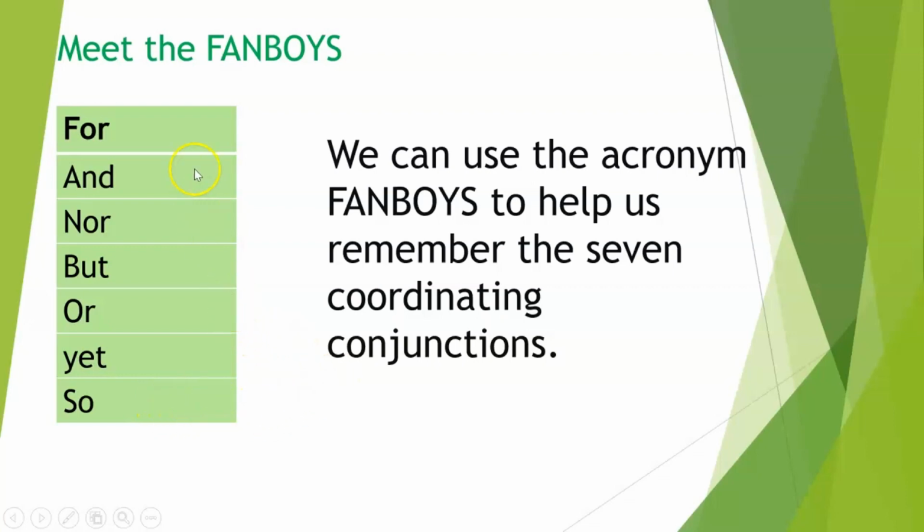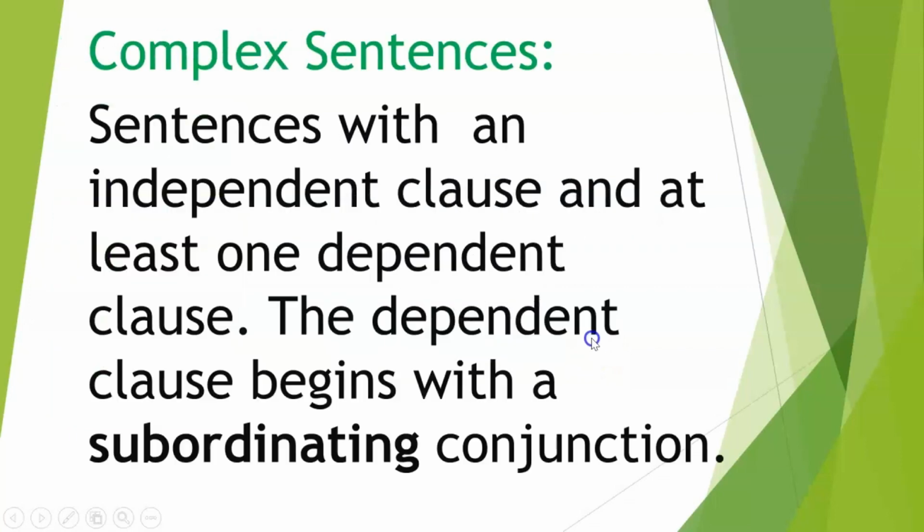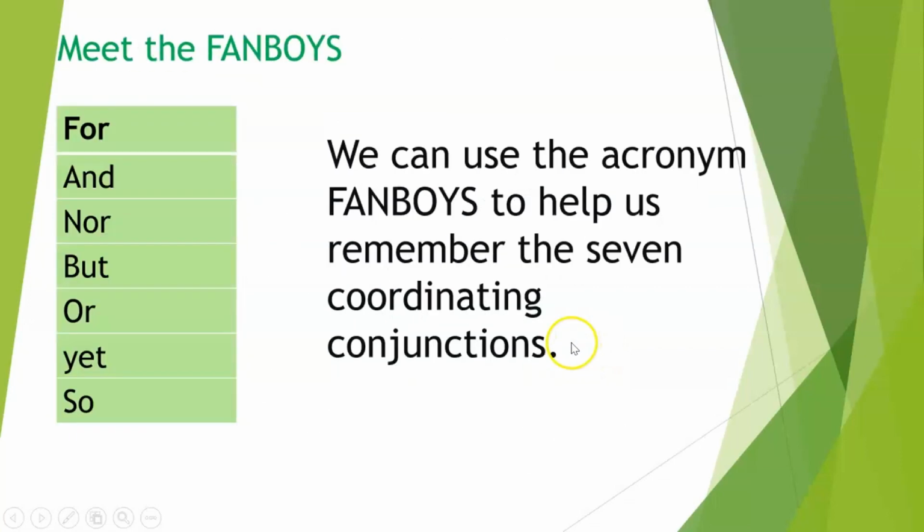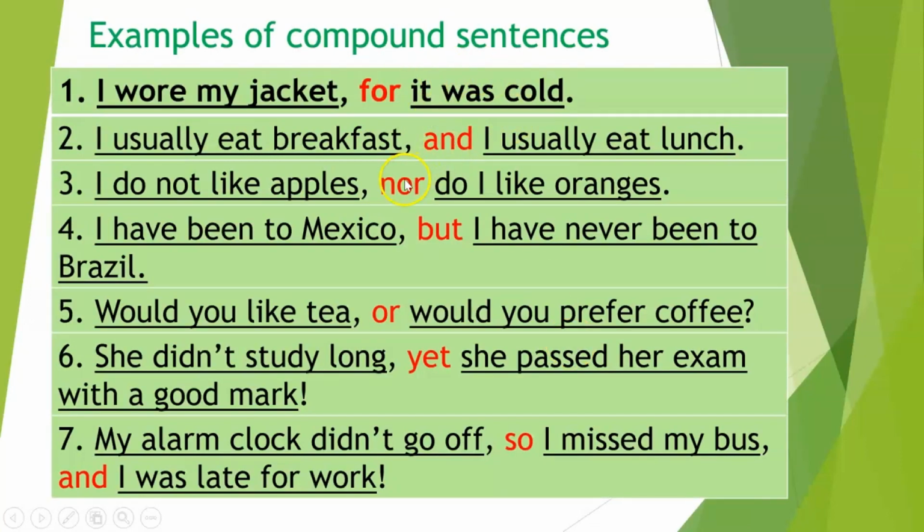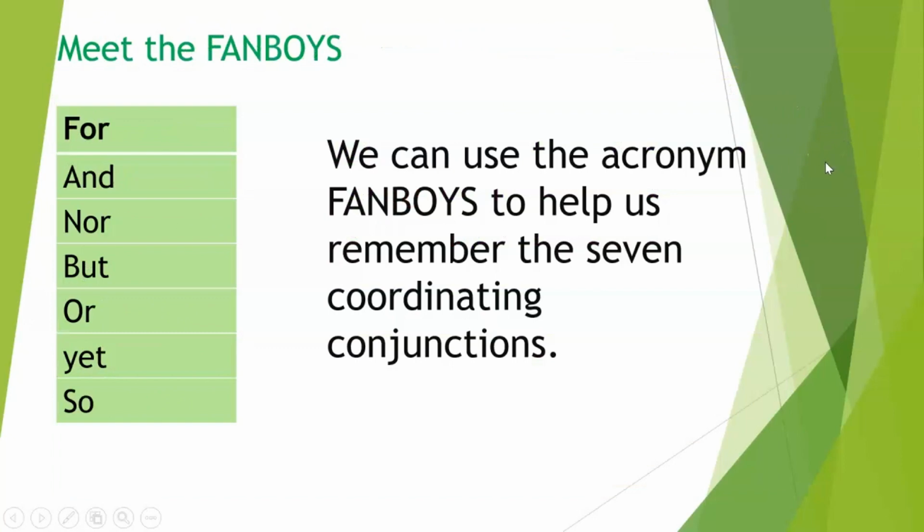There are only 7 coordinating conjunctions. So when we see one of these words used to join sentences together with a comma, it's what we call a compound sentence. And again, I do encourage you, if you have any questions about these, remember to leave your questions or your comments in the comment section below the video.